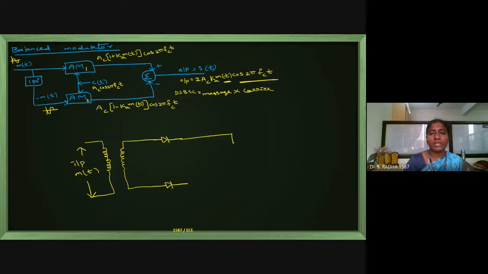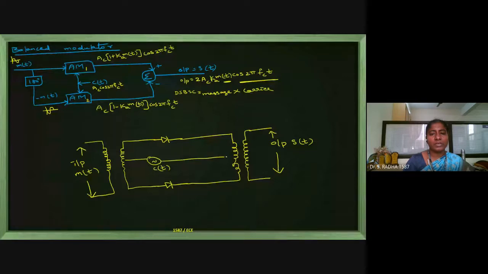Then I will take again a step up or step down transformer at the output side. And here I am going to take the output s of t. And I will give a carrier signal here, c of t, which is connected in between these two.